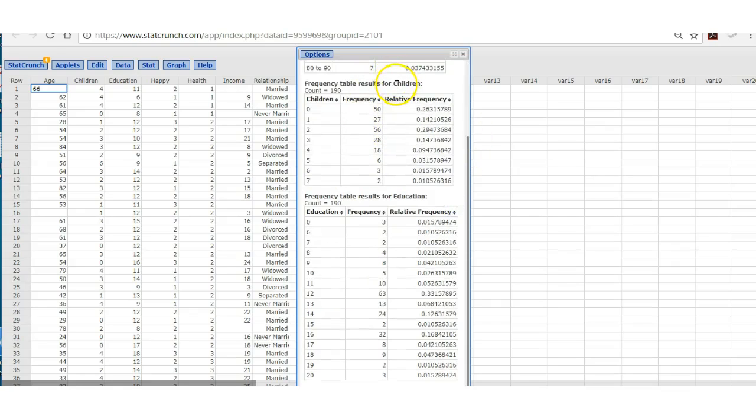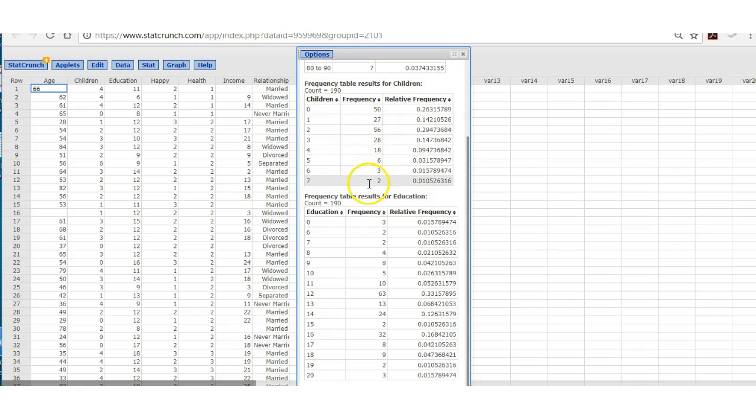The next one is the children variable. And this one just had a few discrete values because this was something that answered the question, how many? How many children do you have? There were only 8 different answers that people gave for this. We had 2 that happened more frequently than the others. The 0 children had 50 responses and the 2 children had 56 responses.